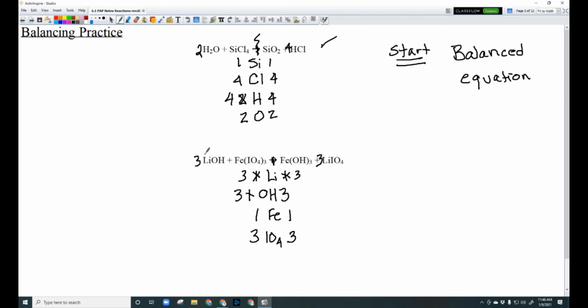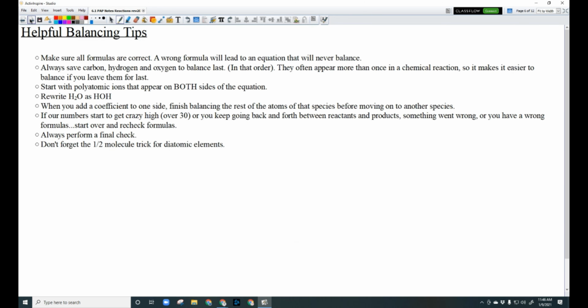So it's always good to make sure you double check. 3 lithium, 3 lithium, 3 hydroxides, 3 hydroxides, 1 iron, 1 iron, 3 iodate, 3 iodate. So there you go. That is a balanced equation. We're going to have a lot of practice balancing equations. So if you didn't get it on these 2, that's okay. Lots more practice to come.